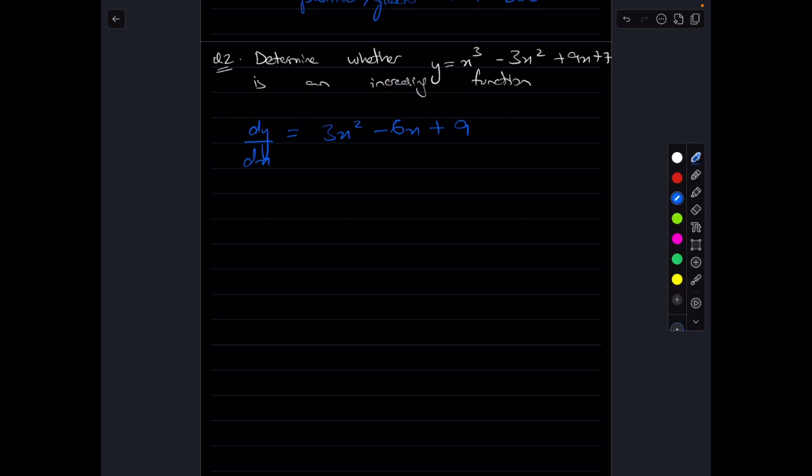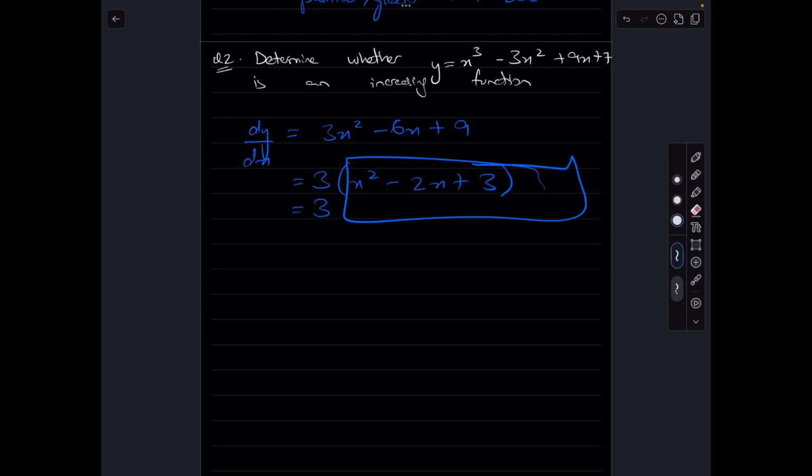So we start off by taking 3 common and we're left with x squared minus 2x plus 3 inside. Now in order to complete the square, the first step should always be to isolate x squared, and we did that. Now we only have to deal with whatever is inside the bracket and complete the square for it.